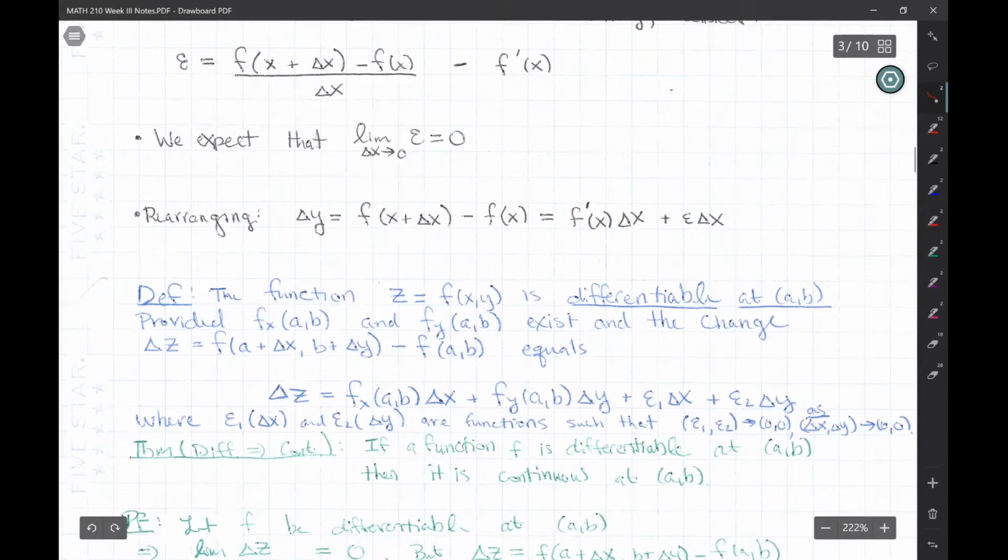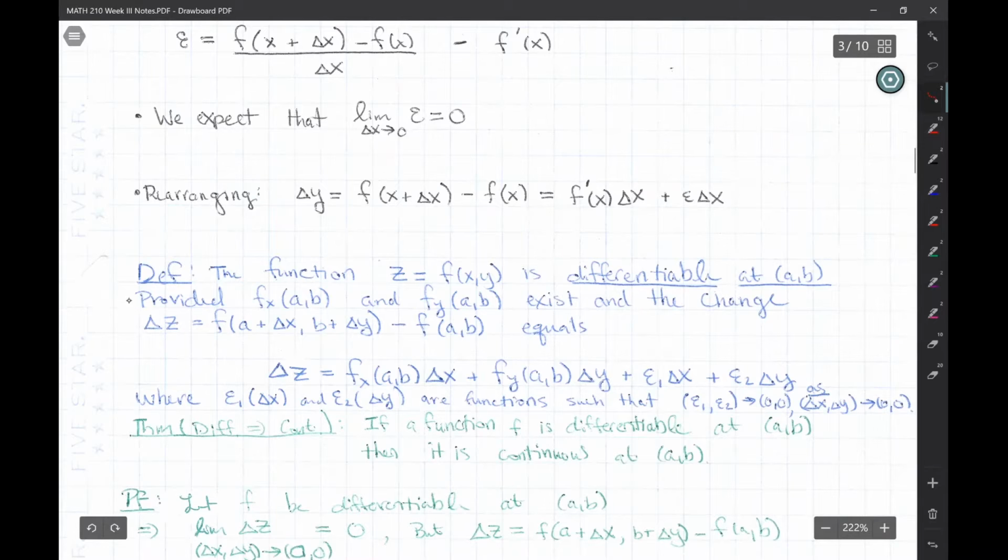So with Calc 1 motivation in mind, here is how we will define a function to be differentiable for, say, functions of two variables now. The function f of x, y is differentiable at (a, b), provided that the limits exist, but that's not enough.